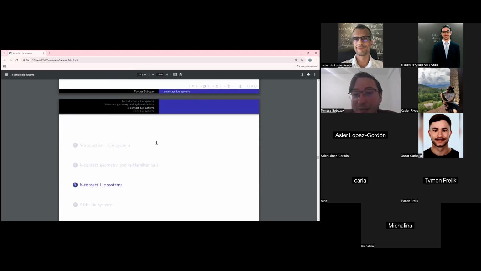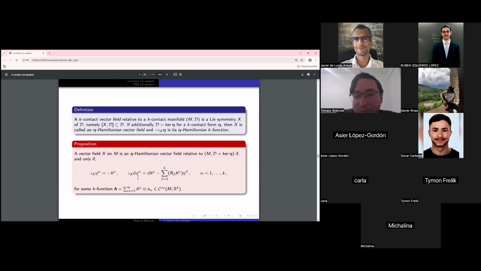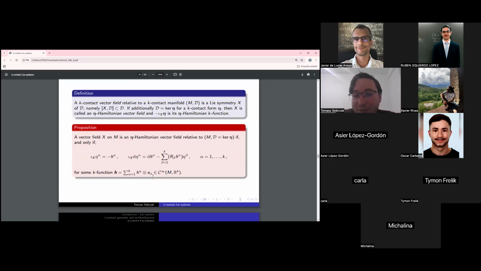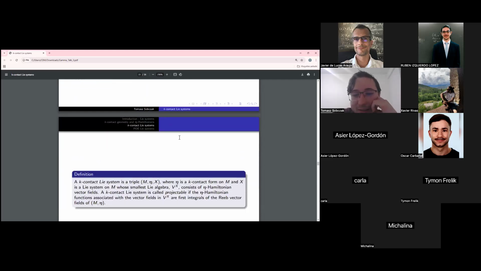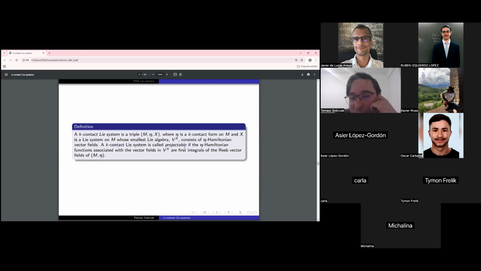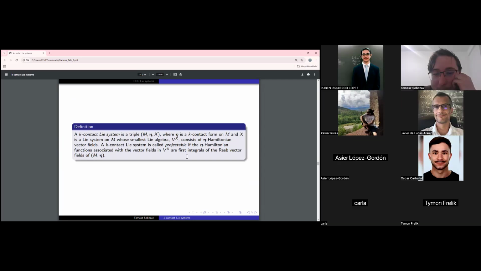And the interesting part is that we want such a K-contact form whose eta Hamiltonian functions for the eta Hamiltonian vector fields are not the projectable ones, because the name comes from the fact that we can project from the symplectic case, but we won't have this part, so it has to be a little bit distinguished. So the art is to make the Lie system not projectable. I mean, we can do both, but I believe the non-projectable one is a little bit more distinguishing from the K-symplectic case. Okay, thank you.